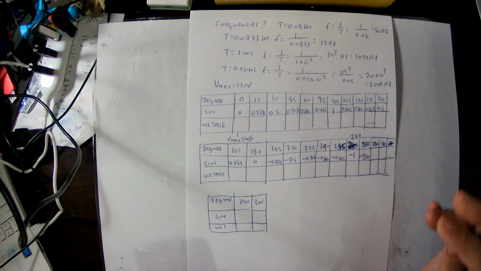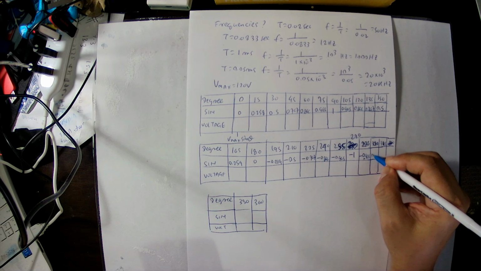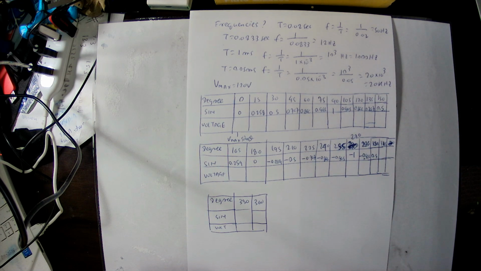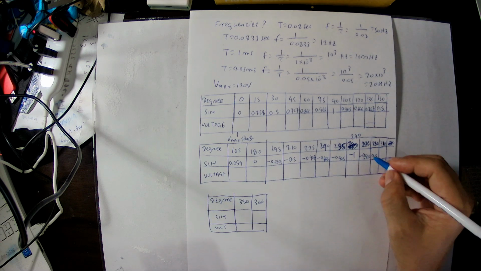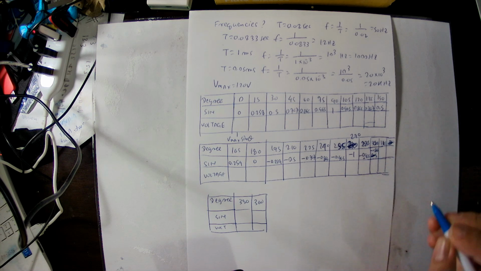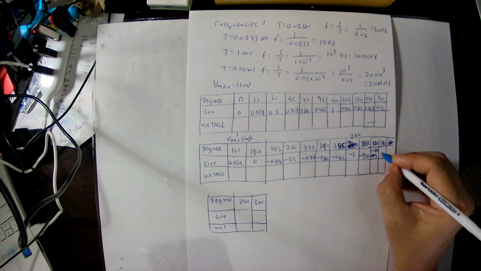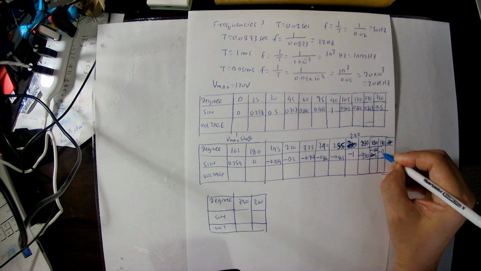Sine 300 is minus 0.866. Sine 315 is minus 0.707.